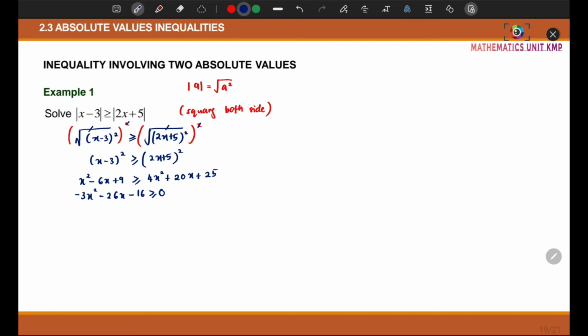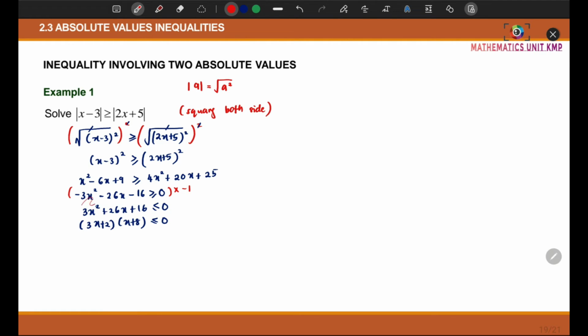I don't want my quadratic to be negative, so I will multiply by negative 1. So we have 3x squared plus 26x plus 16 less than or equal to 0. It is because I have multiplied the inequality by negative 1. When you multiply by a negative number, you need to reverse the inequality sign.